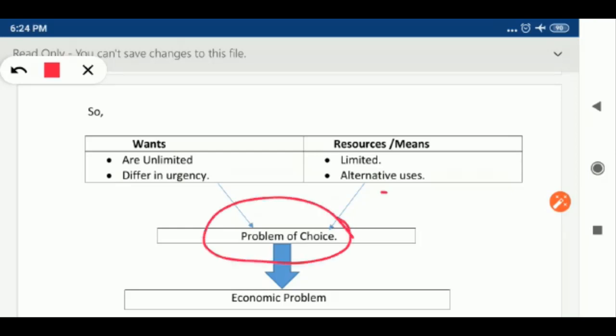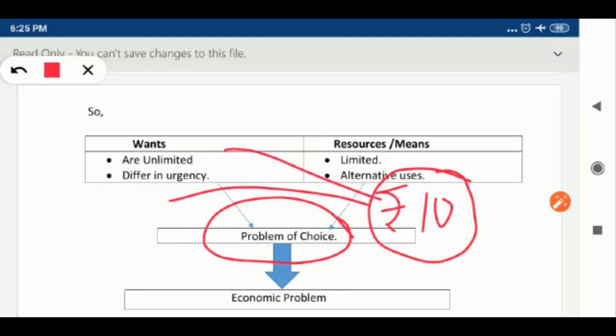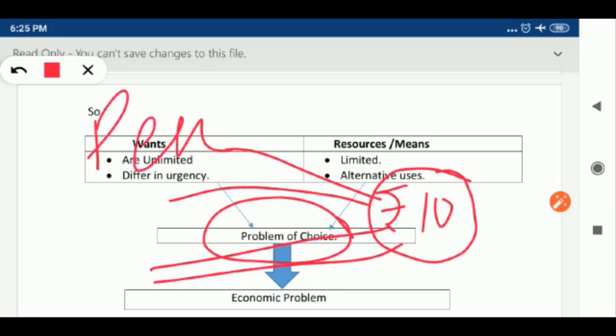That means how will you allocate your limited resource, that is 10 rupees, to your multiple wants? A consumer has multiple wants. You want to buy a pen, a chocolate, a notebook, anything. How will you manage to spend your 10 rupees, your limited amount?